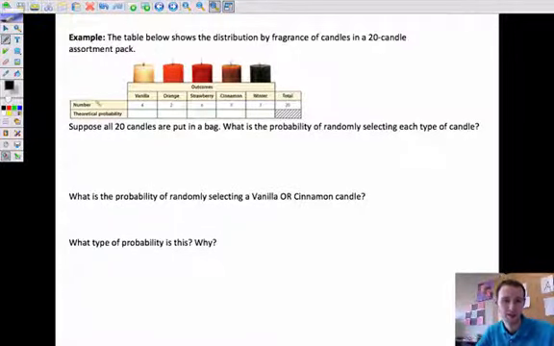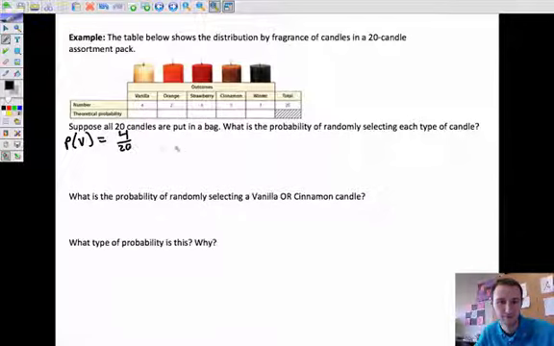Okay, the next example, you've got 20 candles: 4 of them vanilla, 2 orange, 6 strawberry, 5 cinnamon, 3 winter scented. If they're all put in a bag, what is the probability of randomly selecting each type of candle? So if we want the probability of selecting a vanilla candle, there are 4 out of 20. The probability of selecting an orange candle, 2 out of 20. And I'm not going to simplify these fractions.